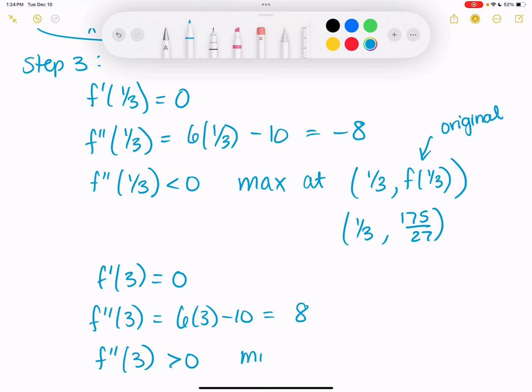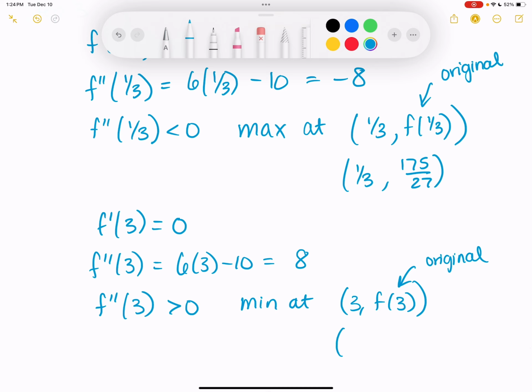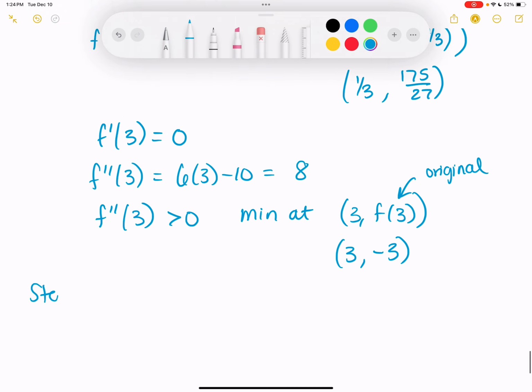So therefore, there is a min at 3, and f of 3, again plugged into the original, happens to be -3. Now, step 4 is only the situation when y prime of C is 0 and y double prime of C is 0. We did not have that happen in our case, so step 4 is unnecessary for this problem.